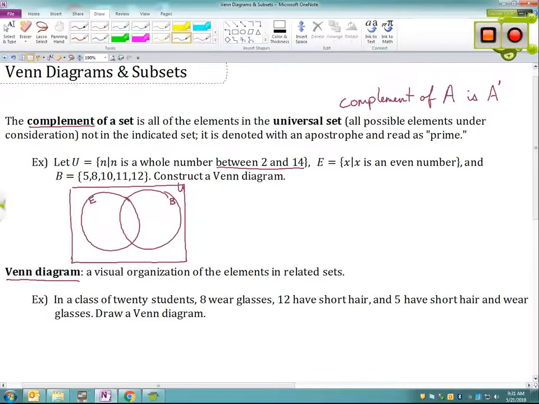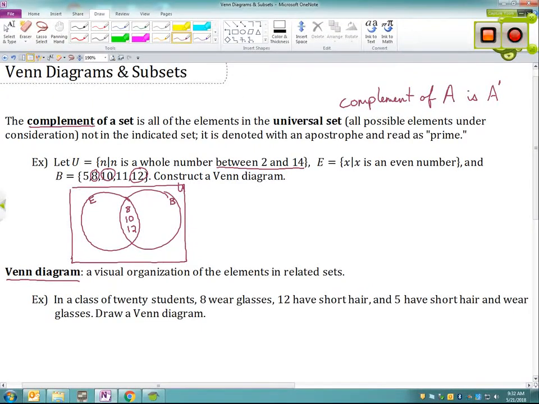I know that E is the even numbers and B is the numbers 5, 8, 10, 11, and 12. Within set B, I see that 8, 10, and 12 are all going to be in set E as well. Therefore, I'm going to put those inside the overlapping piece between the two bubbles. So 8, 10, and 12 go inside that overlap.